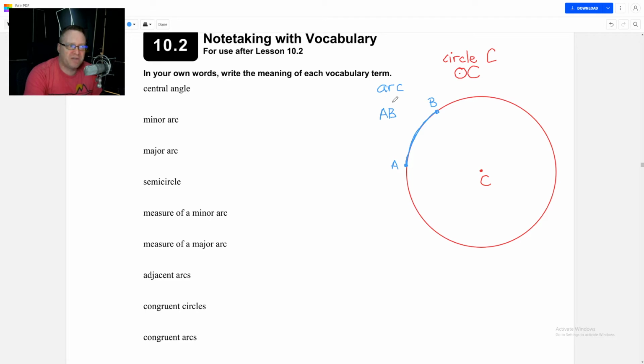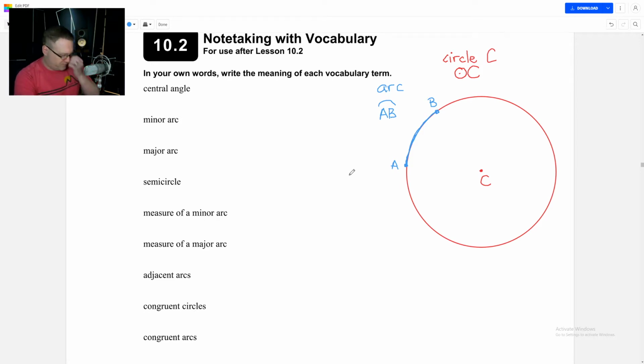If it's a line, we put a line with arrows on it. If it's an arc, we draw a little arc on top, kind of like a little hat on top. A curved line on top. That means arc AB. So arc AB is a part of a circle.